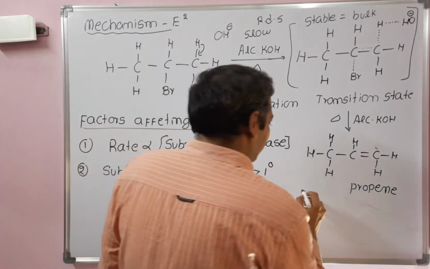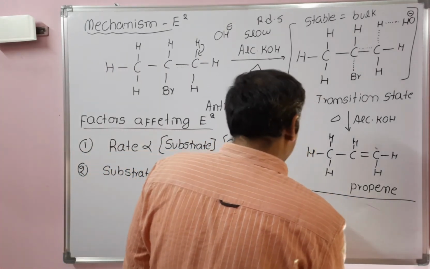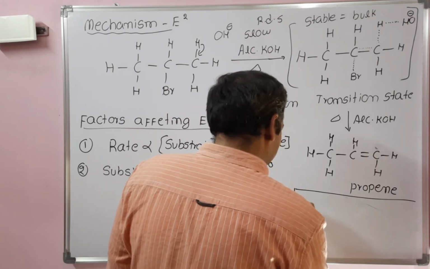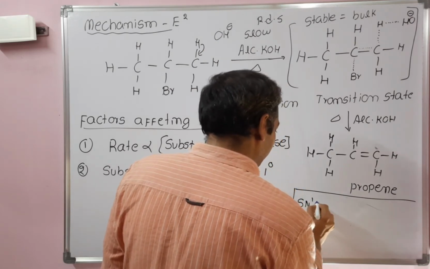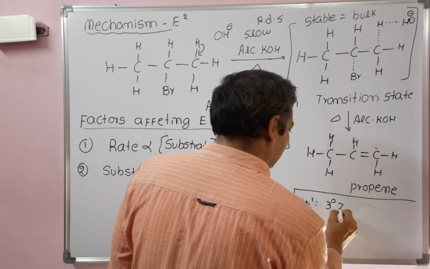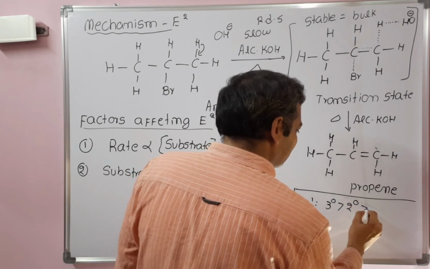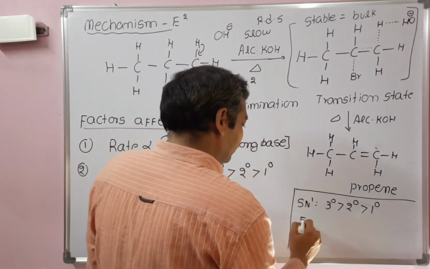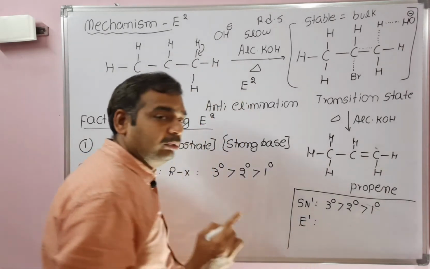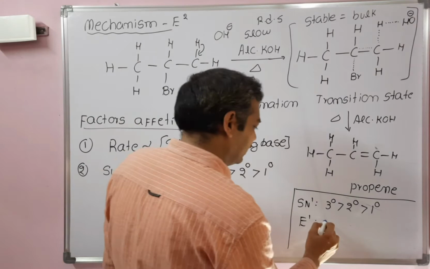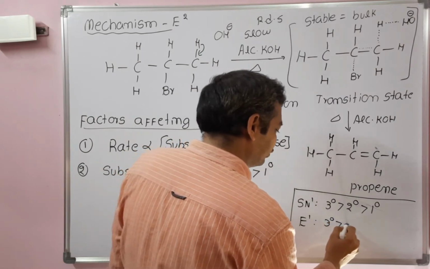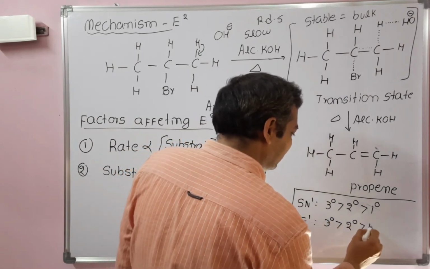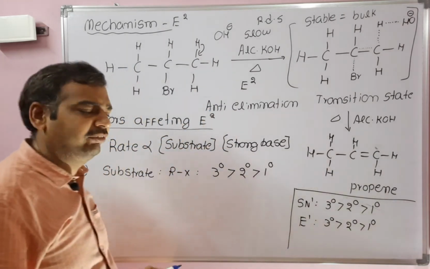One very important point: in case of SN1, tertiary alkyl halide readily undergoes SN1, then secondary, then primary. In E1 also a carbocation is formed, so tertiary alkyl halides readily give a stable carbocation, which is why tertiary will readily undergo E1 reaction.